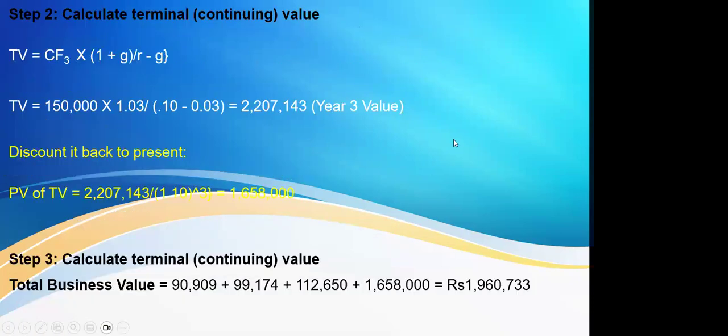TV means terminal value, equal to cash flow in year 3 multiplied by 1 plus G, where G means growth rate. This is a new formula for the calculation of terminal value with growth.